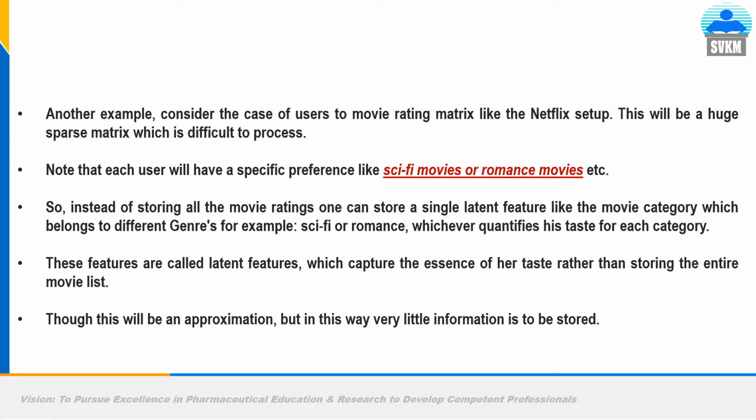Another example is how Netflix and YouTube store your data and recommend stuff or products as per your choice. Consider the case of a user to movie rating matrix like the Netflix setup. There are different movies falling in the categories of sci-fi, romantic, comedy, thriller, action, drama, suspense, and other genres.